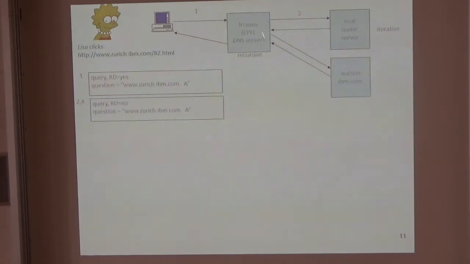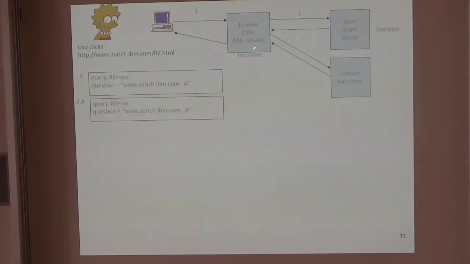You don't do that otherwise because that means this server has a lot of work to do. It has to remember the query that it is serving, keep it somewhere in memory, and do all the work until it is solved. And this is signaled here: typically a client sends to its home DNS server a query asking for recursivity. RD means recursion desired.